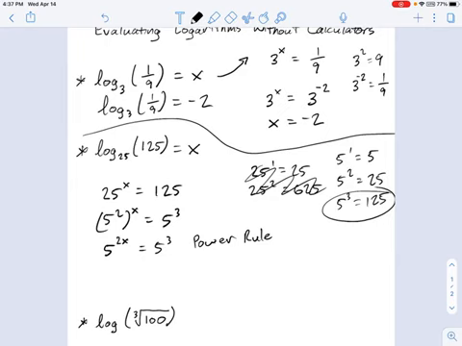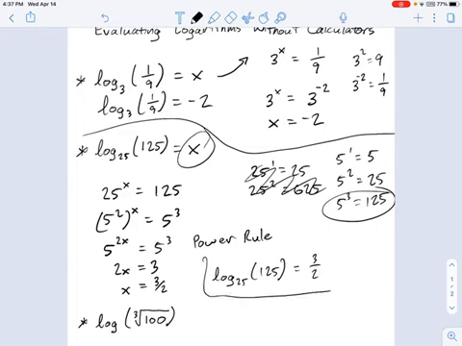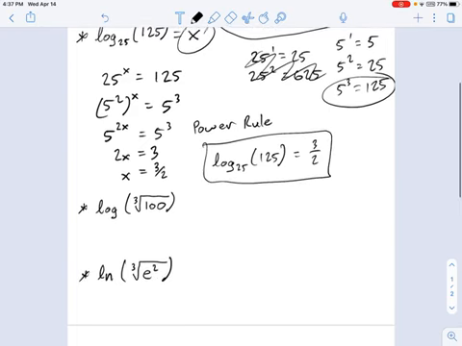You multiply them together. So the bases are equal. That means 2x equals 3, which means x equals 3 halves. And since we were solving for x in the beginning, our problem log base 25 of 125 equals 3 halves. Okay, let's move on to another one.